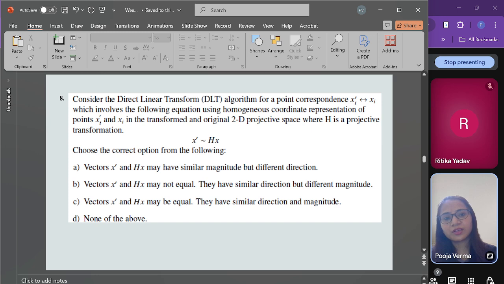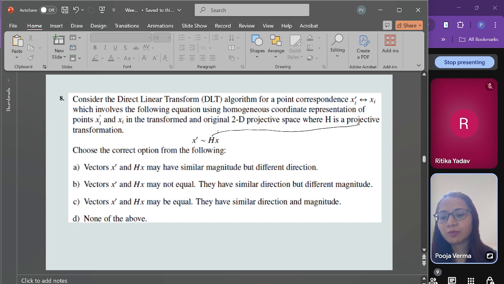Okay, here the detailed answer is given, so I am just explaining this one. To determine the relation between the transformed point x prime and the product of the transformation matrix H and the original point x in homogeneous coordinates, already it is given x prime equivalent to H of x, where H is a projective transformation matrix.